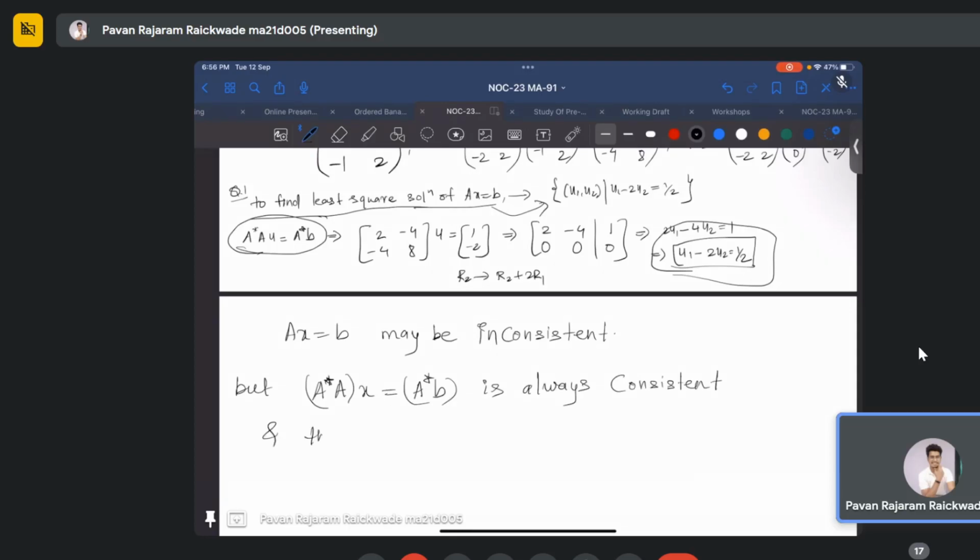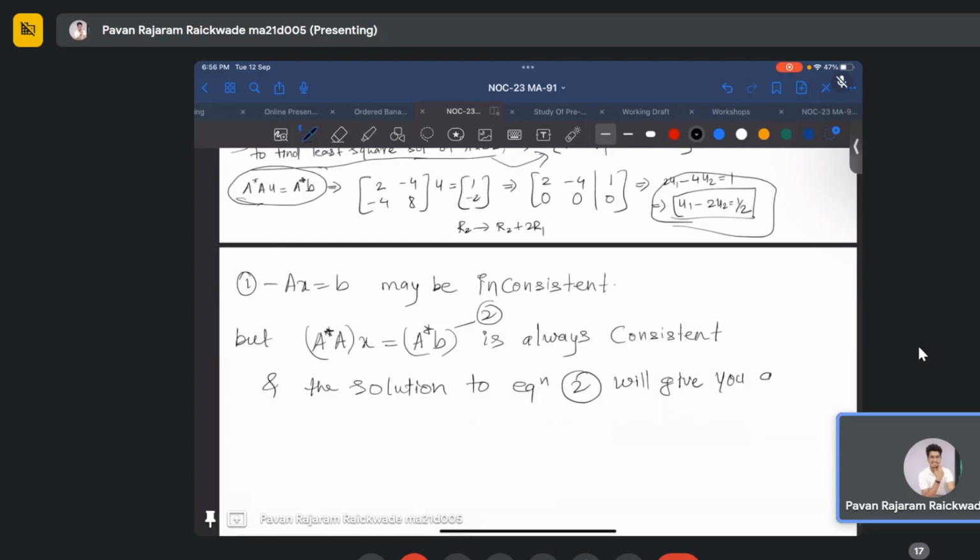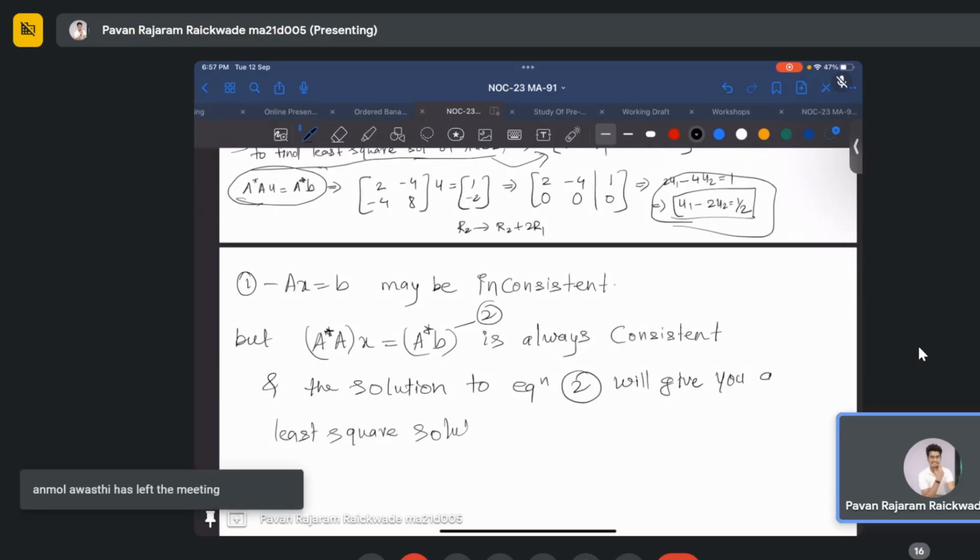Let's call this equation number 1 and this equation number 2, and the solution to equation 2 will give you a least square solution to equation 1. Is it clear?